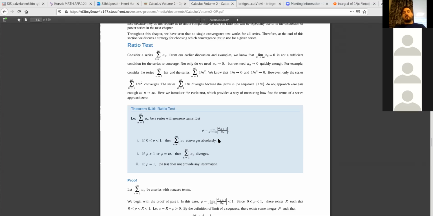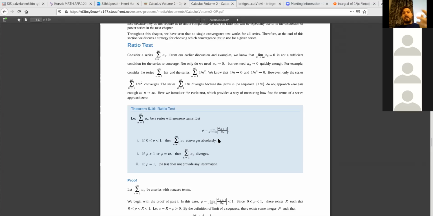Obviously, if this ratio is greater than 1, then what happens? The successive elements tend to get larger and larger. So it's definitely not going to converge. It's going to diverge because the next one is a bit bigger than the previous one, and they won't approach 0.